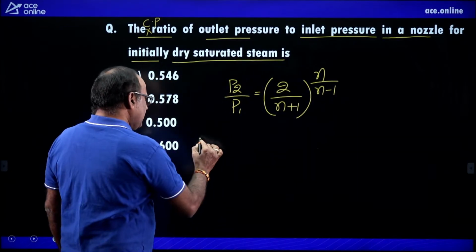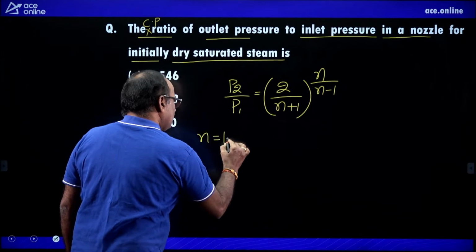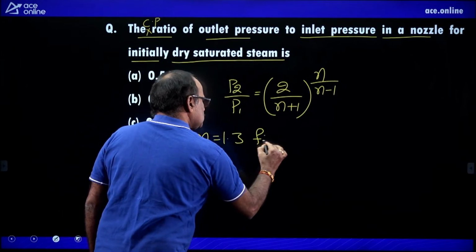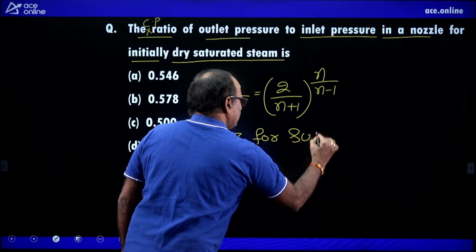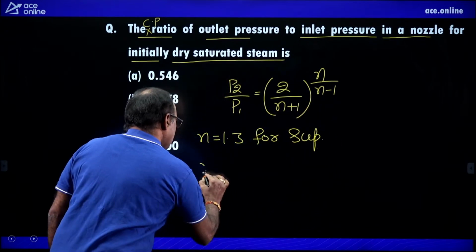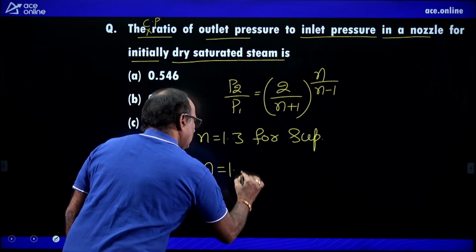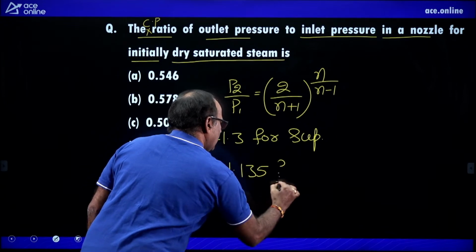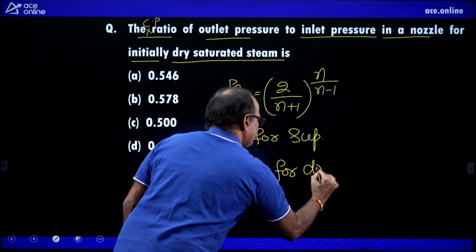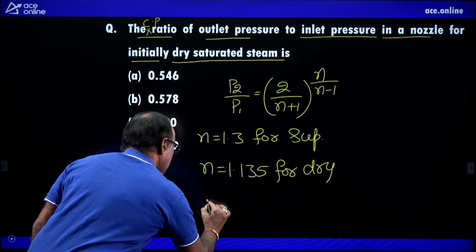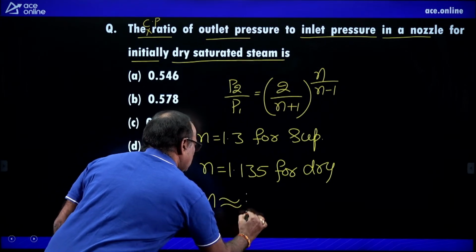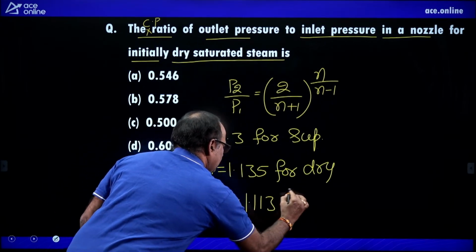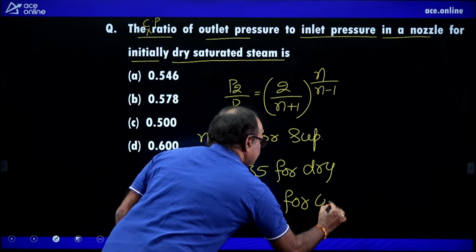That steam index n equal to 1.3 for superheated steam. n is approximately equal to 1.135 for dry saturated steam. n equal to 1.113 for wet steam.